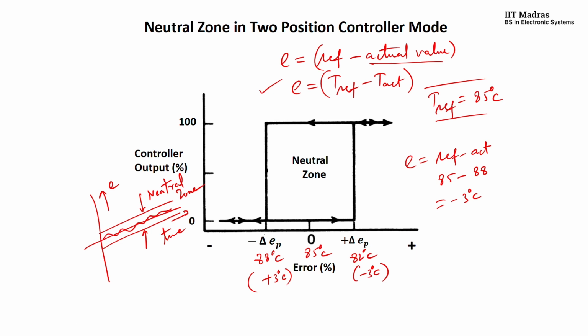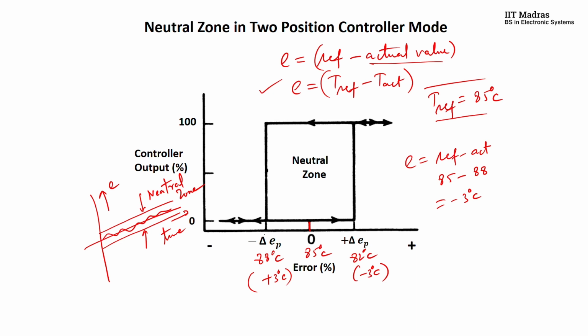What exactly does the neutral zone do to the whole control philosophy here? What do you think should happen? Now, for example, you have a reference of 85 degrees Celsius. Let's say you wanted to have your water heated at 85 degrees Celsius.